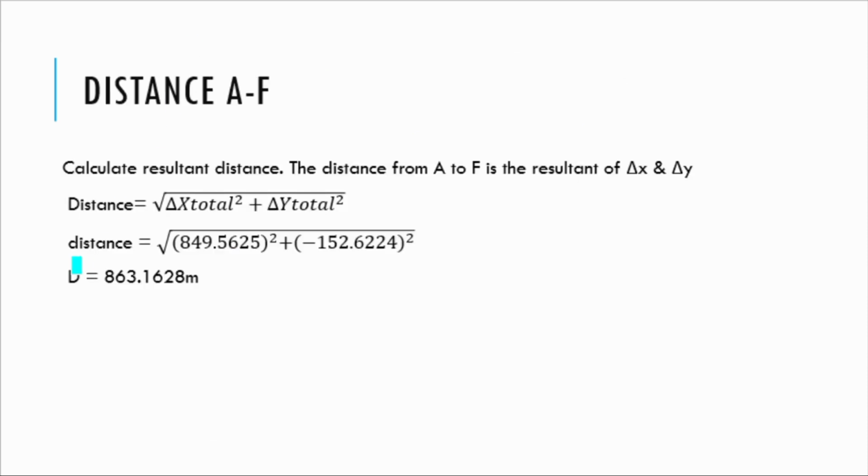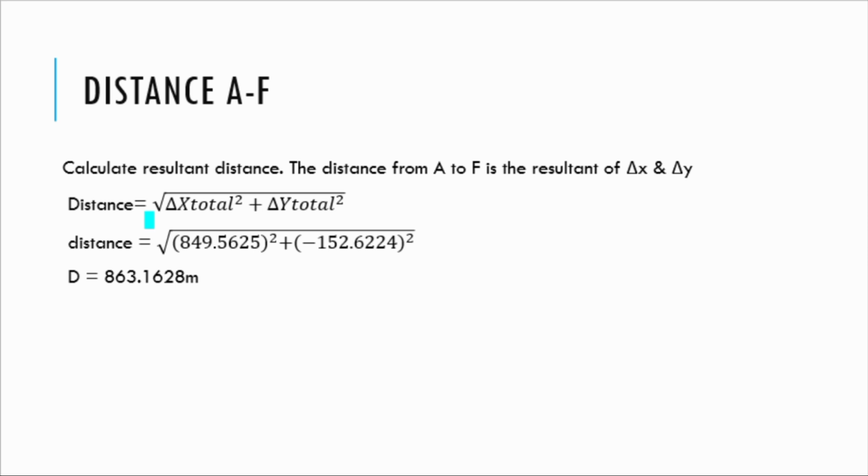So on our next solution, we are going to calculate the resultant distance, that is the distance from A to F, which is the resultant gotten from the summation of X and the summation of Y, so that is the total. So we start with the distance.